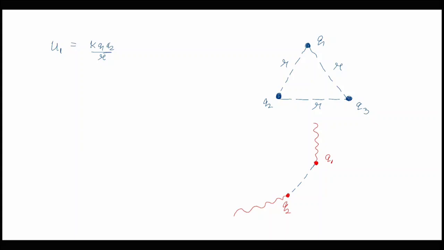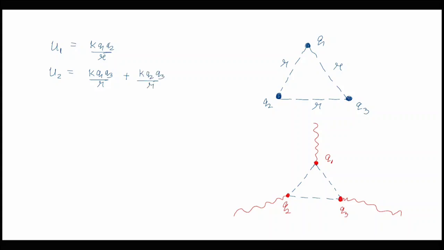Now if we bring the third charge q3 from infinity, the electrostatic interaction will be between charges q1 and q3, and also between q2 and q3, and hence the potential energy while bringing the charge q3 can be written as k q1 q3 upon r plus k q2 q3 upon r.